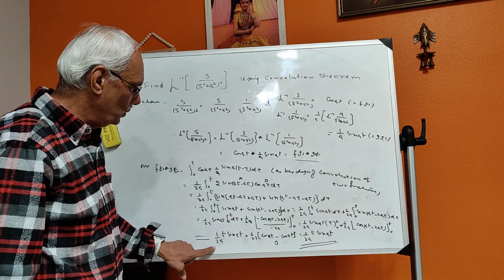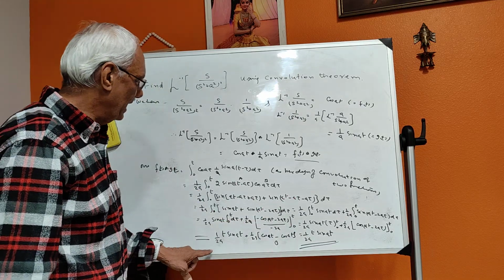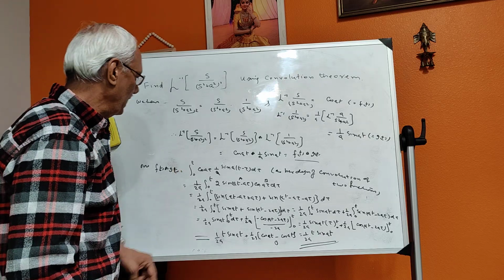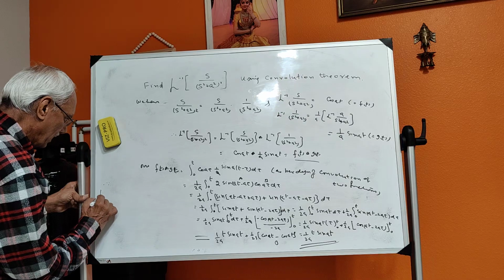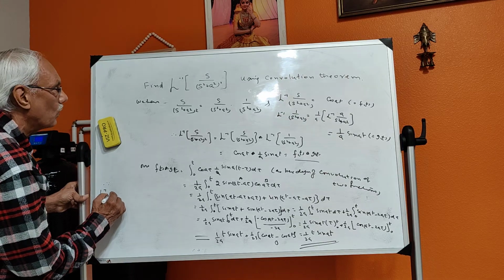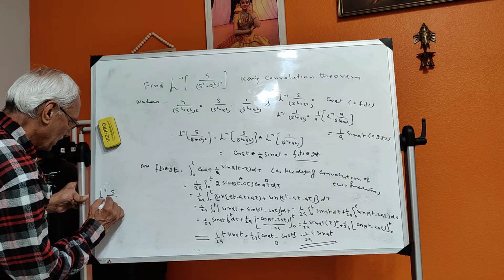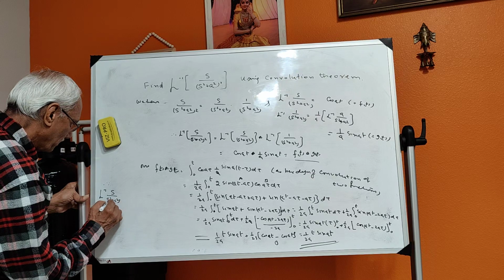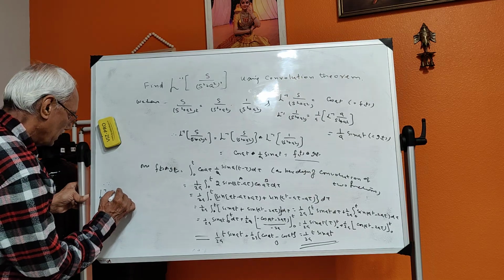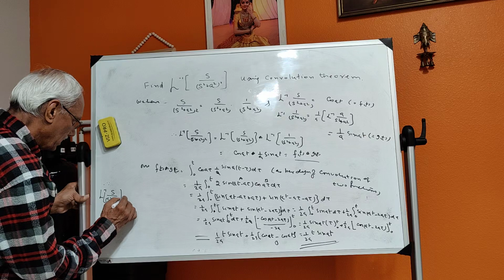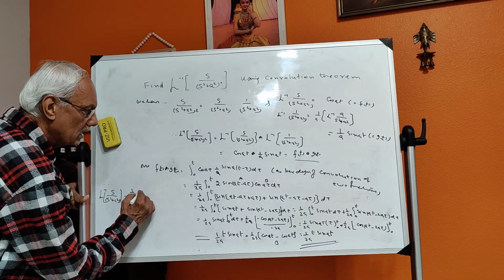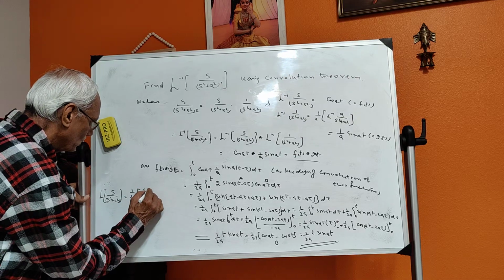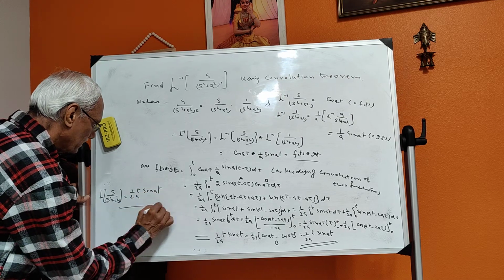So you get 1 by 2a into t sin at. Therefore, what is the answer for this? Therefore, L inverse of s by (s square plus a square) whole square is equal to 1 by 2a into t into sin at.